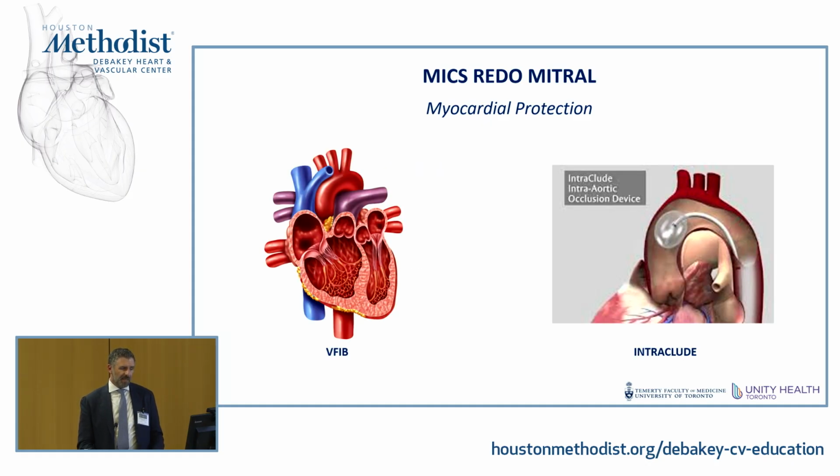I personally have used both, and I ended up using the ventricular fibrillation approach more frequently. It's also an issue, unfortunately, in Canada. The Intraclude is very expensive, and I have to pick my battles, and I found that it's possible to have a quite reasonable approach with ventricular fibrillation.